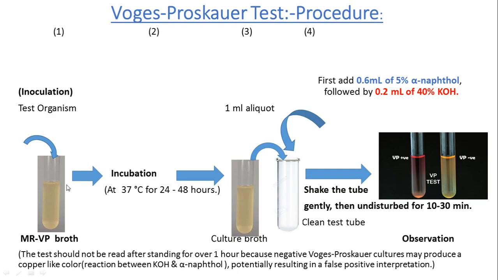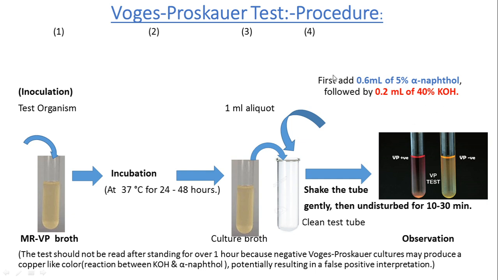Let's see the procedure of the VP test. We have to inoculate the test organism into MR-VP broth and then incubate at 37 degrees centigrade for 24 to 48 hours. Now from this culture broth, we take a 1 ml aliquot and transfer it into a clean test tube. To this, first add 0.6 ml of Barritt's reagent A, that is 5% alpha naphthol, and then add 0.2 ml of 40% KOH.